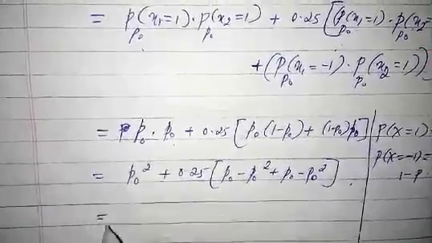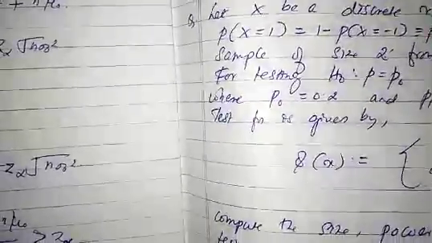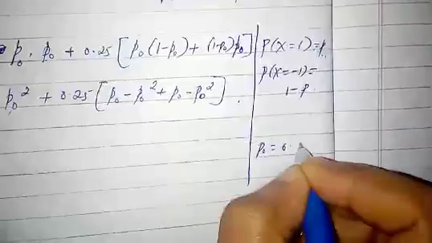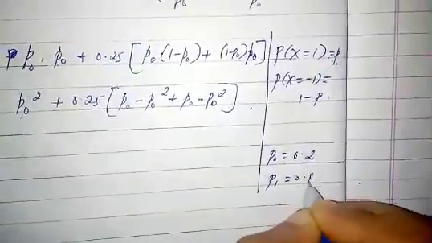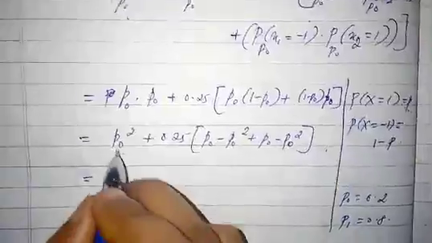So here it's given, what is the p naught value in the question? P naught is 0.2 and p1 is 0.8, right? That is, we have to substitute the values here.